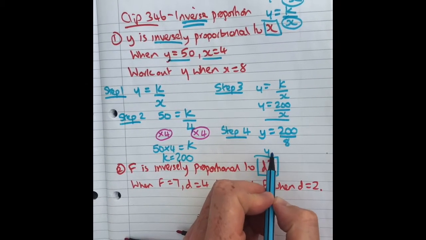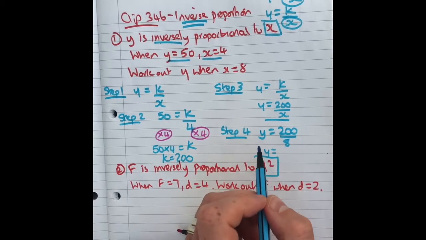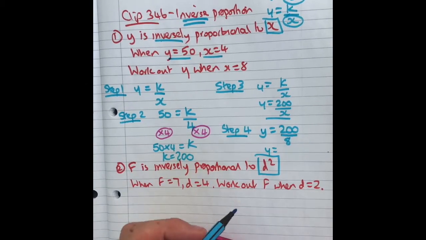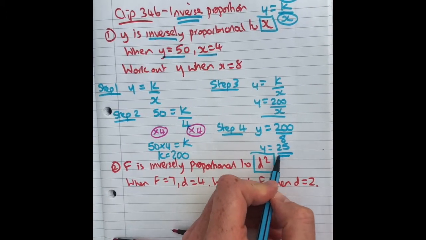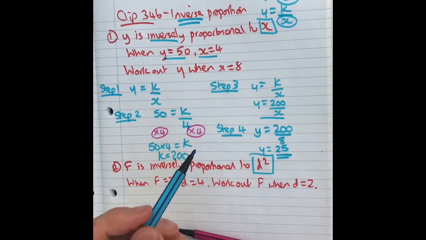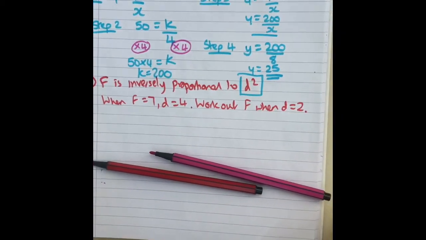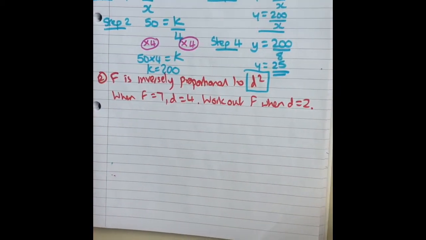And to work out 200 divided by 8, half, half, half. Half of 200 is 100, half is 50, half is 25. Okay?